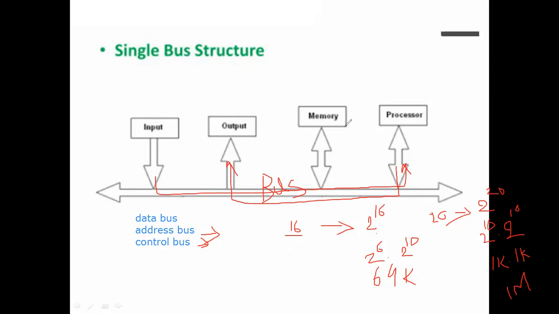Suppose we want to take some input data from the memory, then that will go from the memory to the processor whenever the instruction is executing. Like that, to transfer data or control signals between two devices, we are using this bus structure.